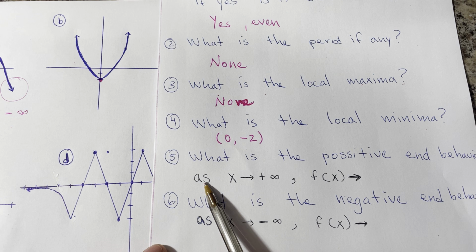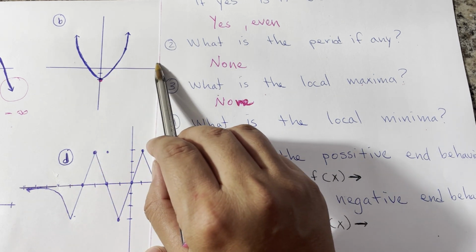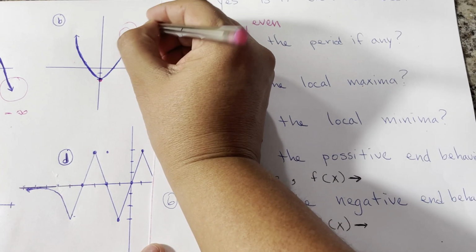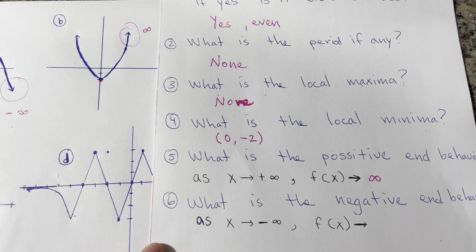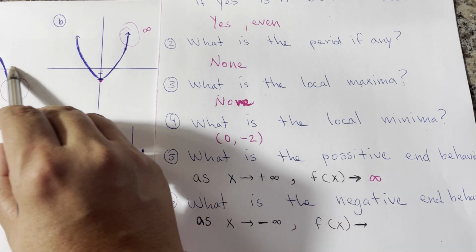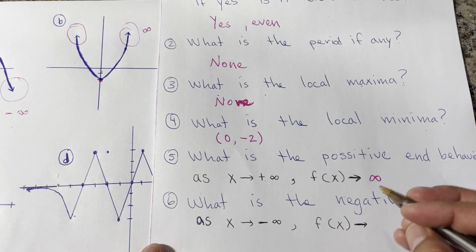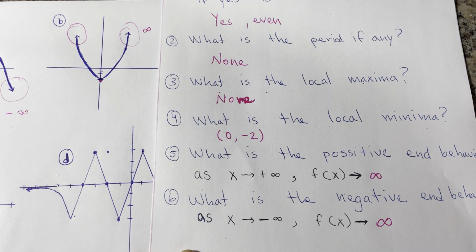As x approaches positive infinity, as this one goes up, what's going on that side? Well, it's shooting up, so it's going to be positive infinity. What is the negative end behavior? As x approaches negative infinity, what's going on this side? If it shoots up, it's also positive. The end behavior is positive infinity.